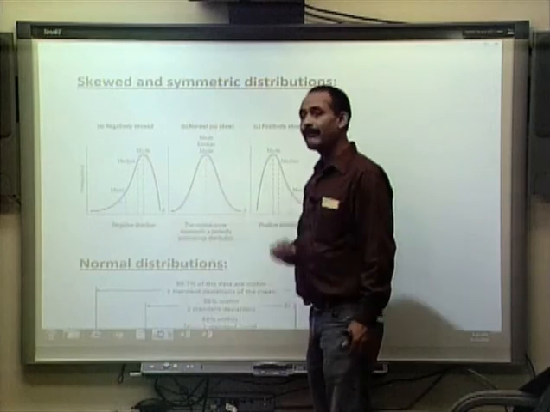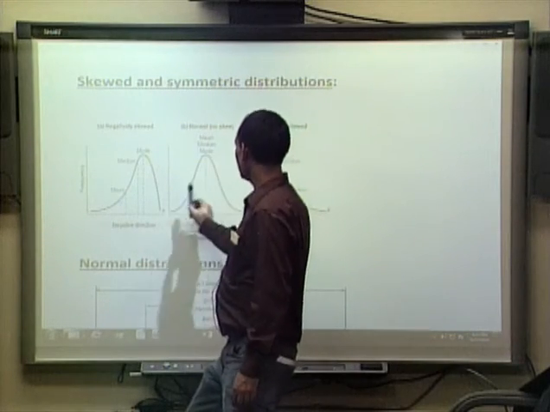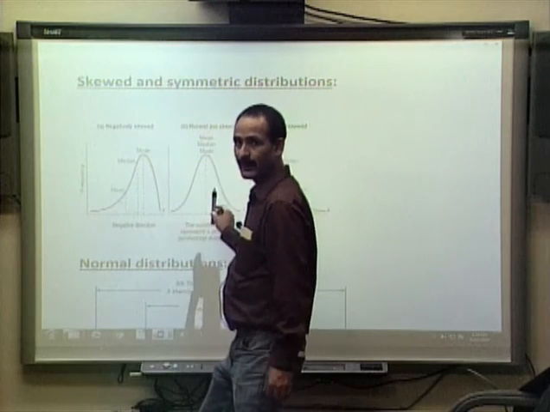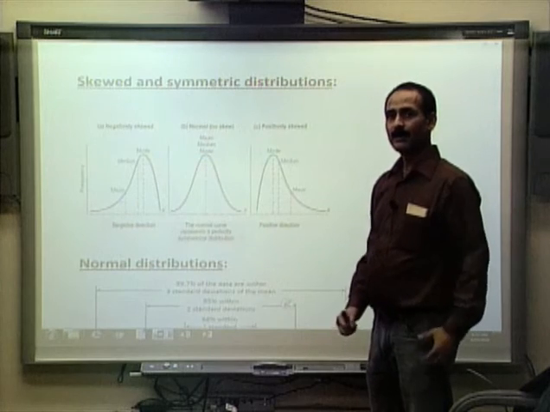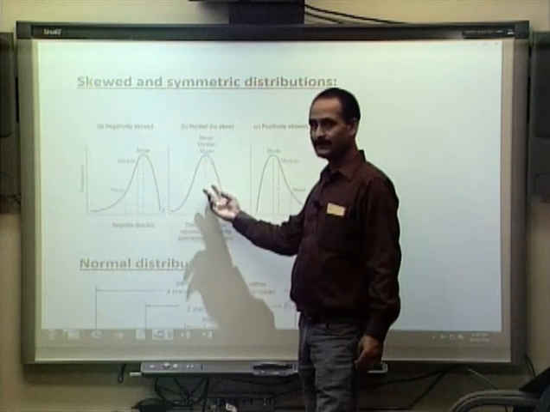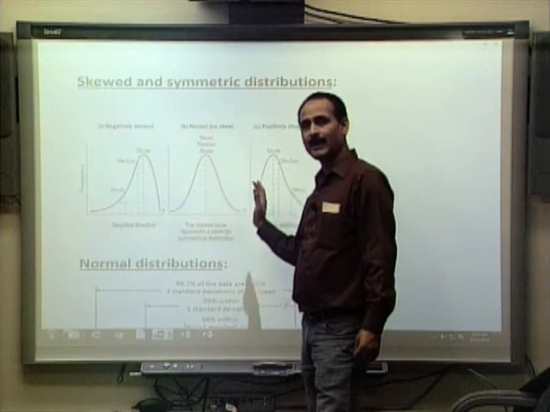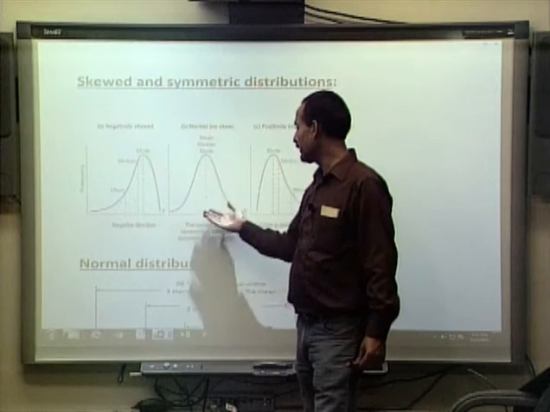If you look at the graph in the middle, this is more symmetric. You can see the lower half looks the same as the upper half. If we have a graph where the lower half is the same as the upper half and kind of bell shaped, this is called a symmetric distribution.